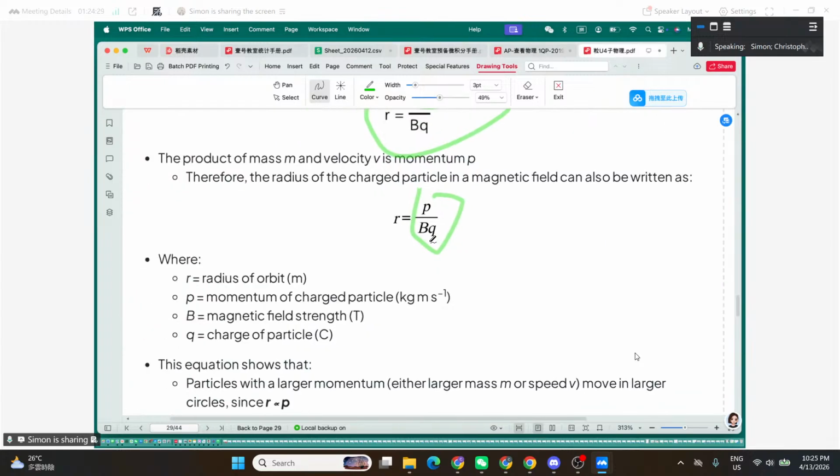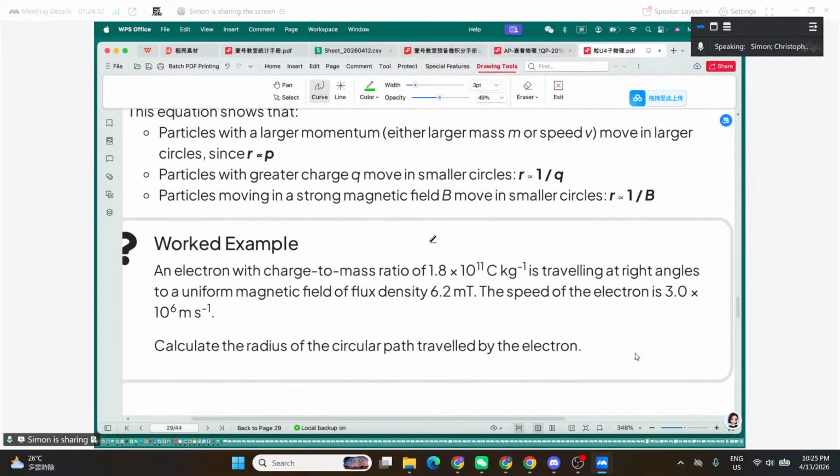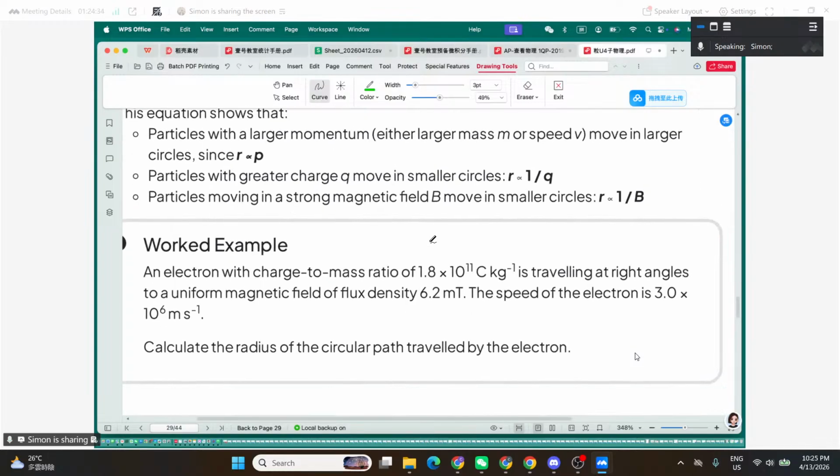Here is a worked example. There is an electron with a charge to mass ratio of 1.8 times 10^11 traveling at right angles to a uniform magnetic field of flux density 6.2 milli Tesla.